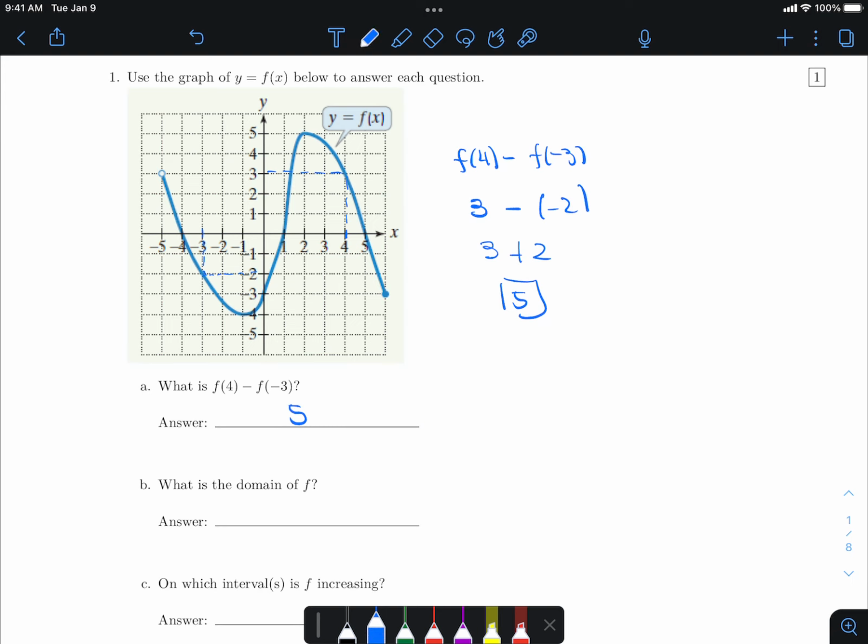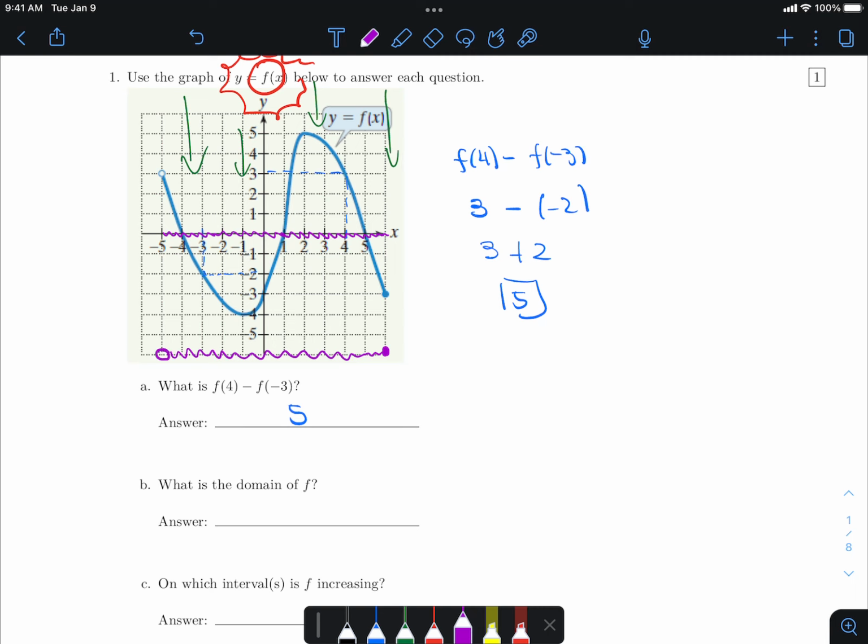On B, I'm asking for the domain of f. The domain is the set of all x values that are covered by this graph. I always imagine a little light source, like the sun shining with rays of light coming down. What is the shape of the shadow that this thing makes? There's going to be a shadow all underneath, but because this is a hole, an empty circle, the light's going to get through here, so there's not going to be shadow.